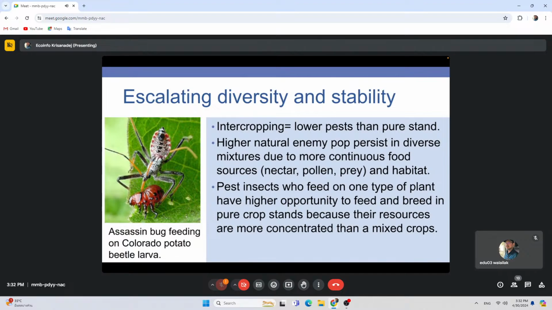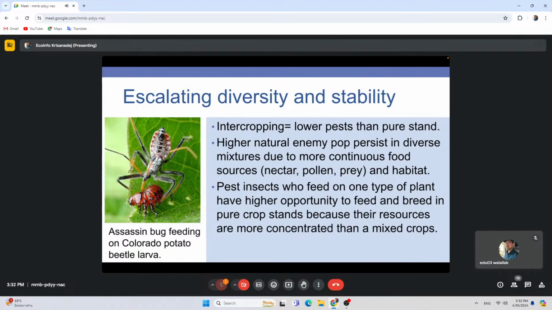Escalating biodiversity and stability. In intercropping, you have several crops at one spot, and usually you have lower pests than in a pure stand. A higher natural enemy population persists in a diverse mixed environment. Okay?